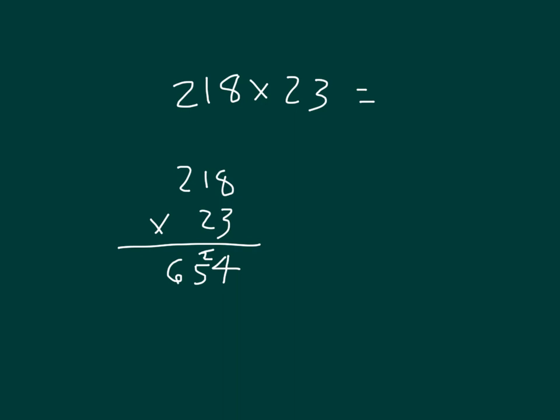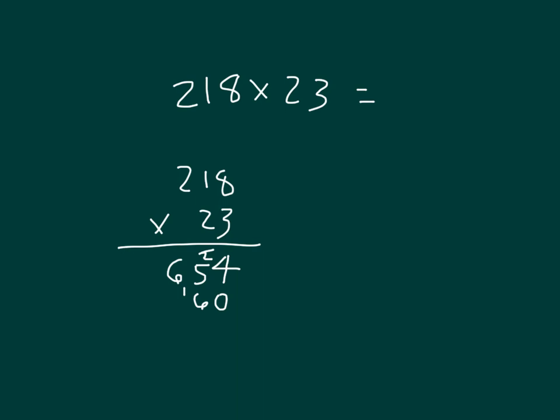Next, I'm working with this 2, which is worth 20. So we have 20 times 8 ones, which will give us 160. So I'll place the 0, and then I'll place the 6 there, and that means I will regroup the 1. Look at that, that's 160, just like I had stated.